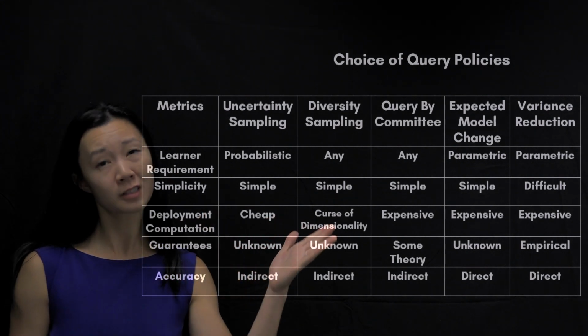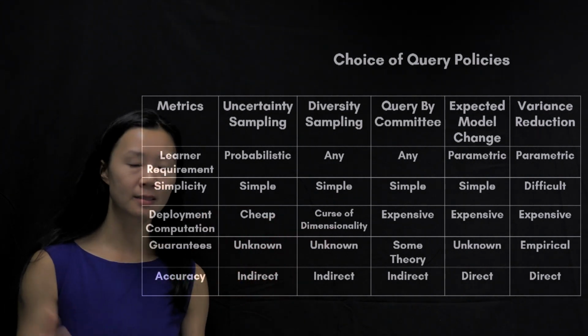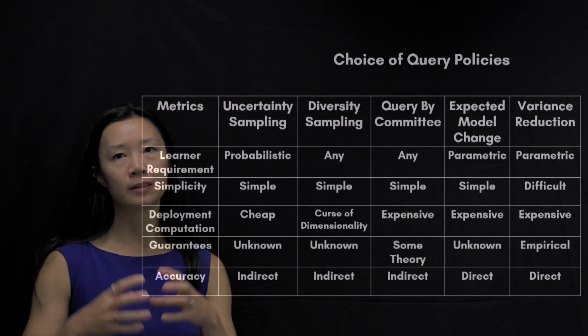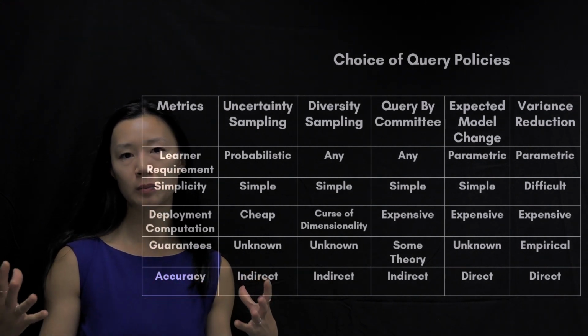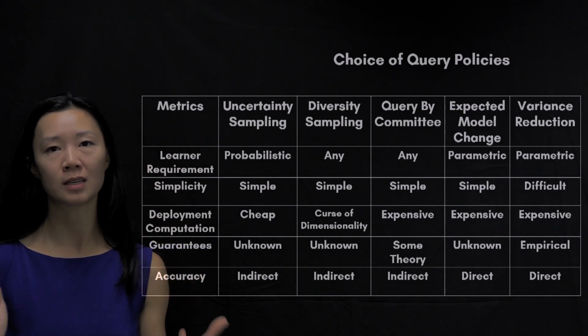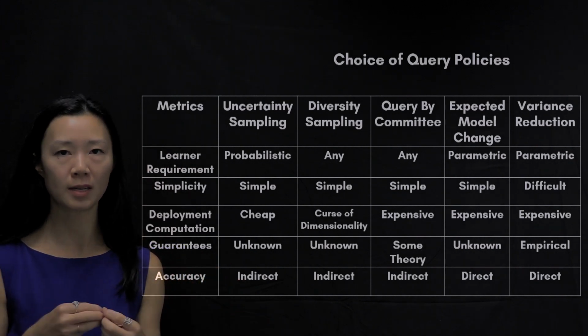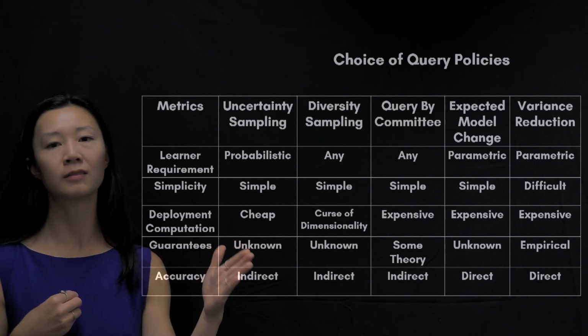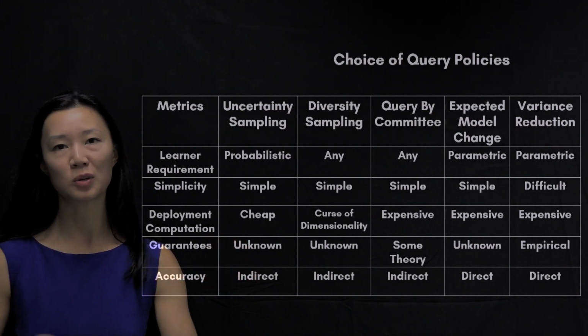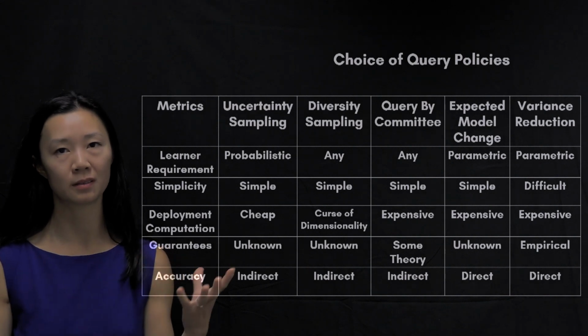When it comes to diversity sampling, that depends. Diversity sampling depends on the dimensions of your input space, and it also depends on the size of your unvisited samples, because you need to do a pairwise comparison between all of your unvisited samples and your visited samples. So that could blow up with dimensionality.